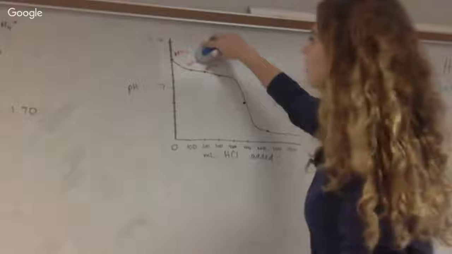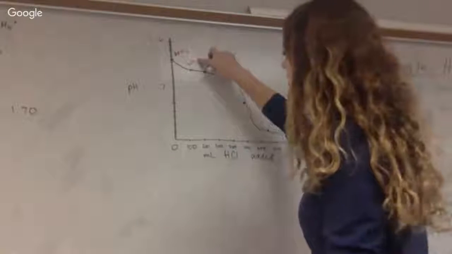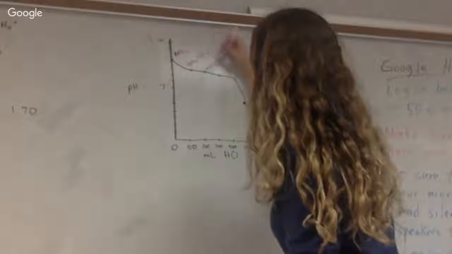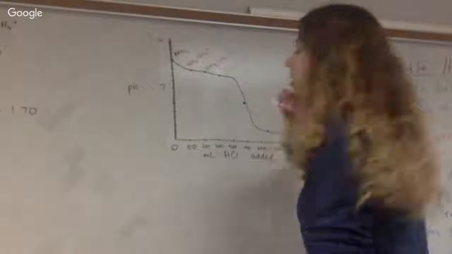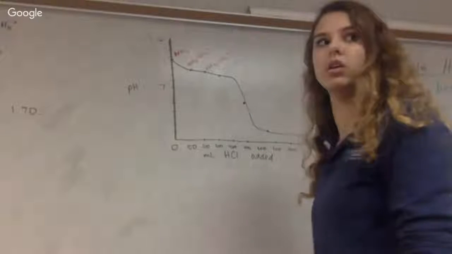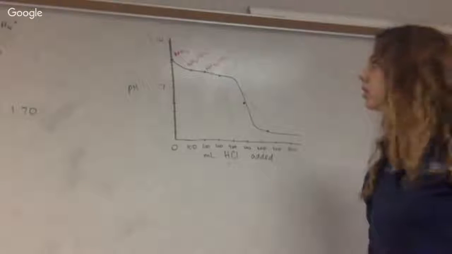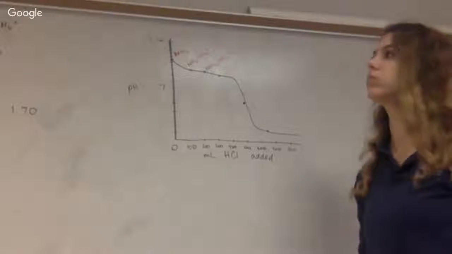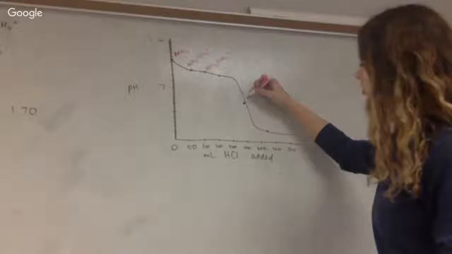Wait, hold on. HCl goes into H plus, which then makes. I'm having a hard time hearing you guys. Well, at the equivalence point, if I have the same amount, doesn't it become zero? At the half equivalence point, it's the same. Okay, how about at the equivalence point? Just jump all the way down to the equivalence point. What do you have at the equivalence point?